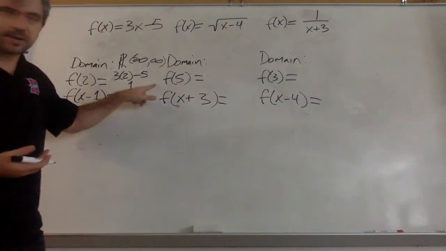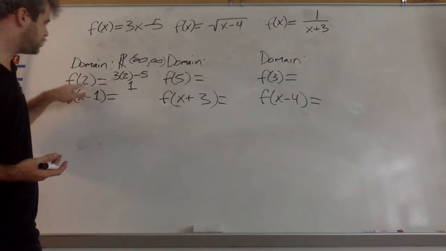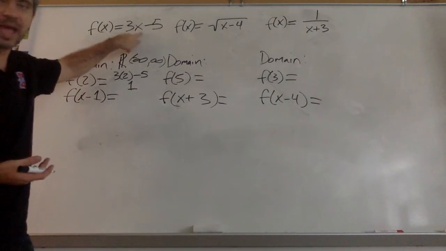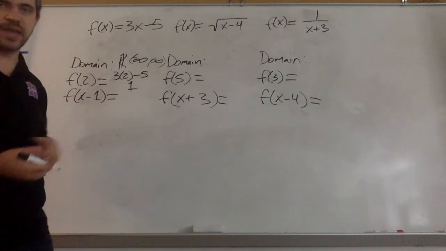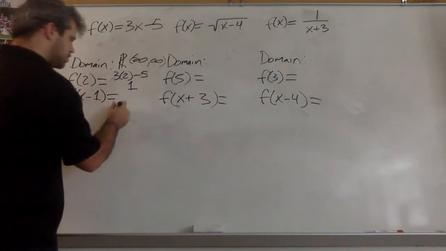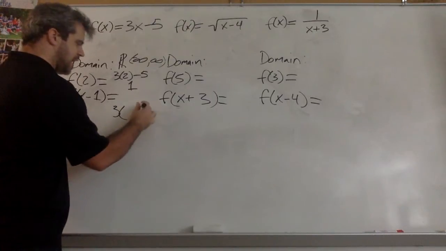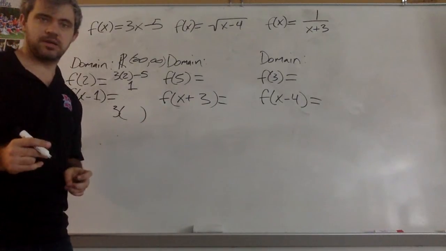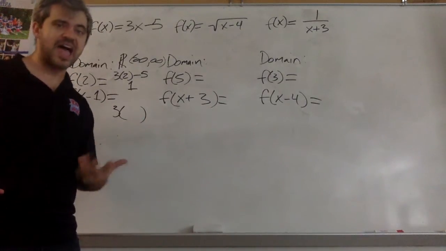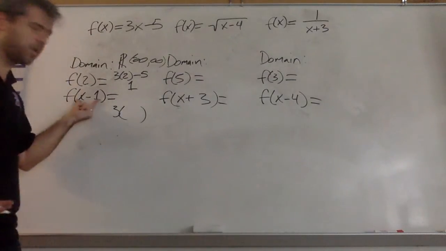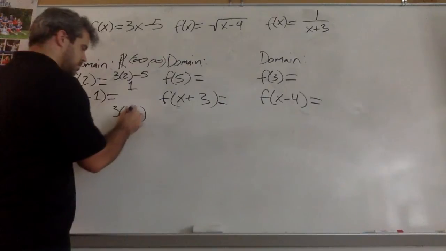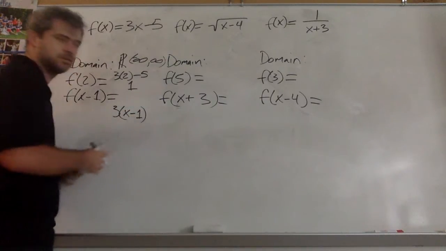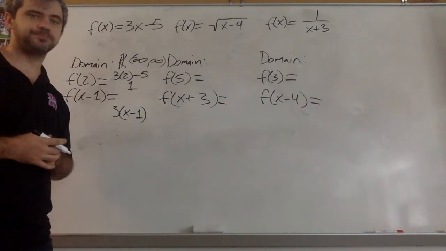So look what I did here. I put my 2 where my x went. I said, okay, taking away this x, I'm putting a 2 there instead. So I'm going to do 3 times, instead of x, what did it say it wanted for my input? It wanted x minus 1. So I'm going to put x minus 1 as my input.